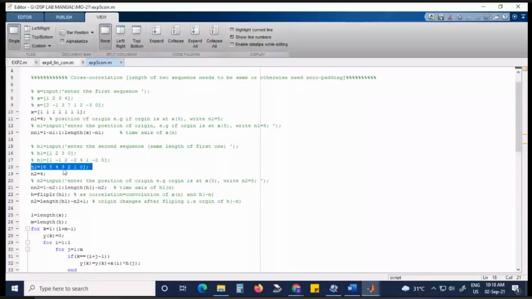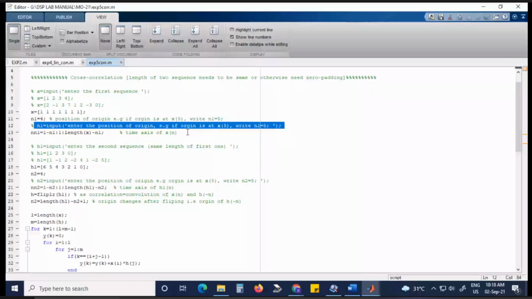So I have directly given the input, or I can keep the command also, like x input, enter the first sequence, then enter the position of the origin. For example, if origin is at the fifth position, write n1 is equal to 5. This way I have made the option, so either you directly give the input, or by using the command you can allow the program to take the input.